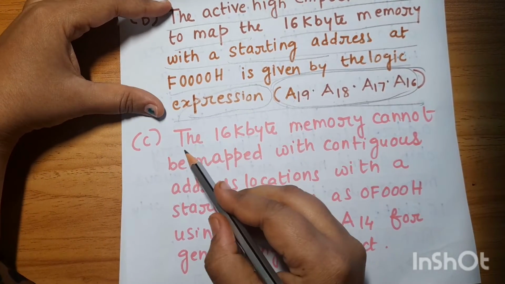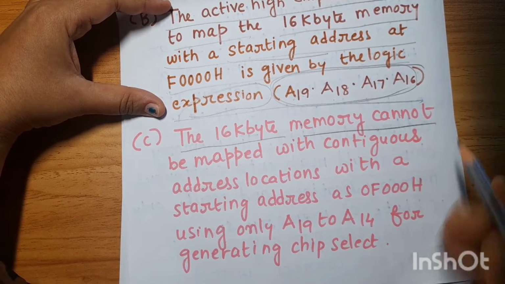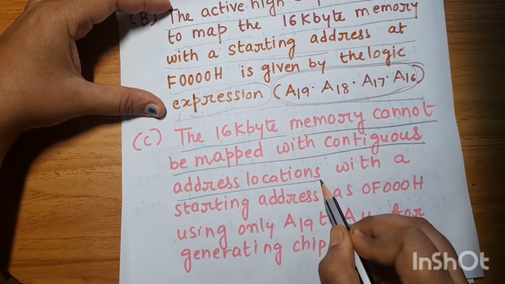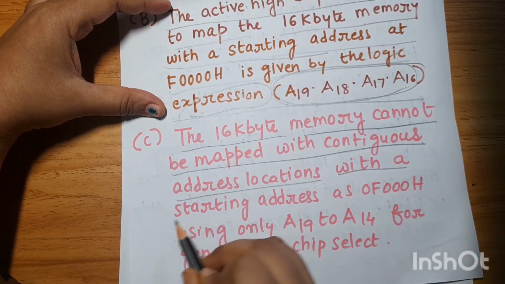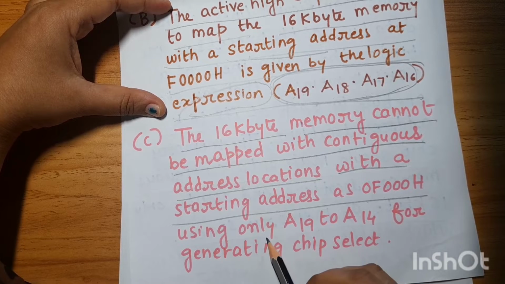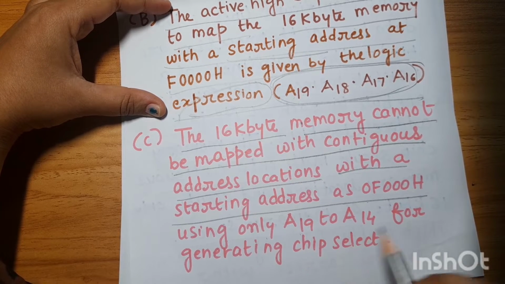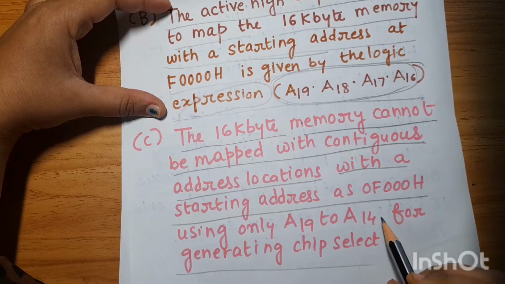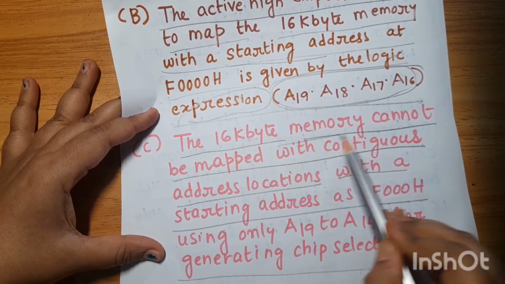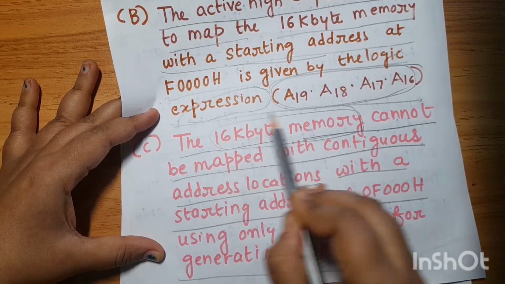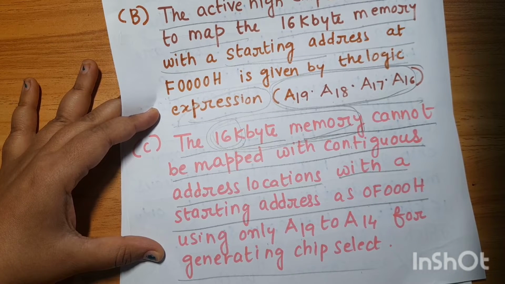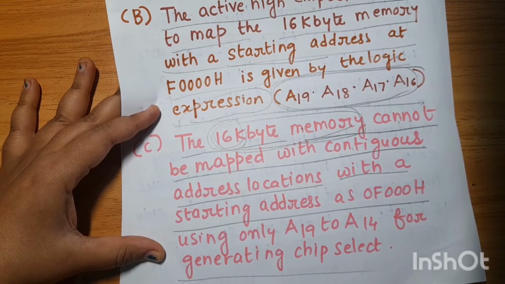Third, the 16 kilobyte memory cannot be mapped with a contiguous memory allocation of address locations with a starting address of 0F followed by C30H, using only A19 to A14 for generating chip select. This is the memory storage capacity, 16 kilo addresses it can map.